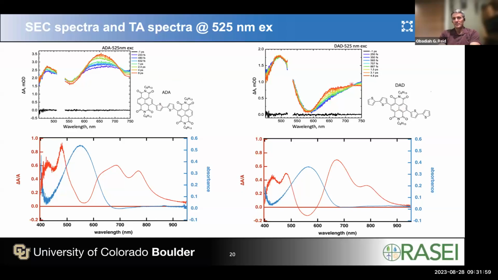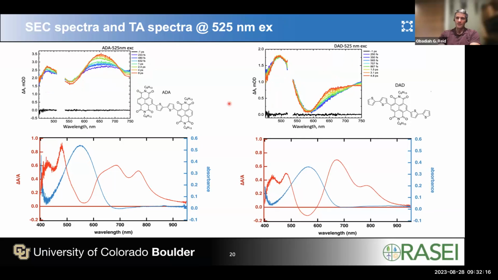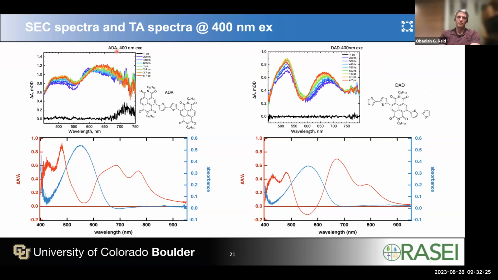But when you look at the excited state absorption, there's some correspondence, right? Like you've got a bit of a peak here in both cases, but it's certainly not an exact match in spectra. And then this is just comparisons. You do get different results depending on whether you excite into the ICT band at 525 versus into the local exciton band at 400 nanometers.